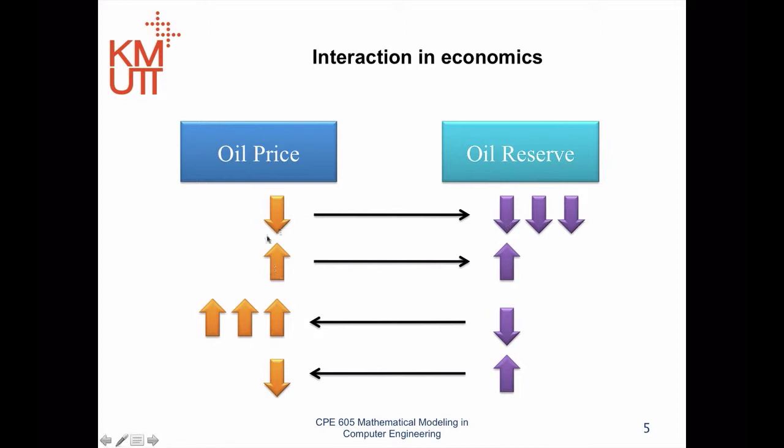If the oil price increases, then the oil reserve would also increase because people are not going to fill their tanks. On the other hand, if the oil reserve drops, the oil price would increase significantly due to the supply-demand balance. And if the oil reserve increases, then the increase in supply would decrease the oil price.